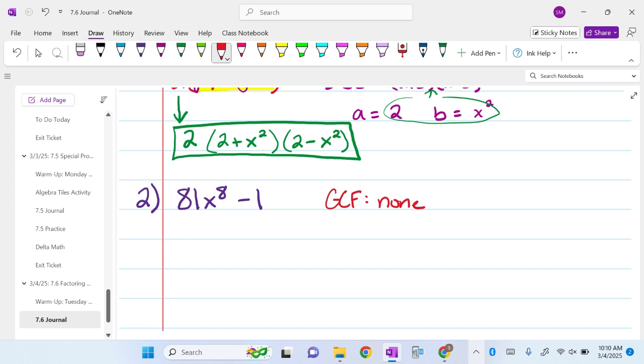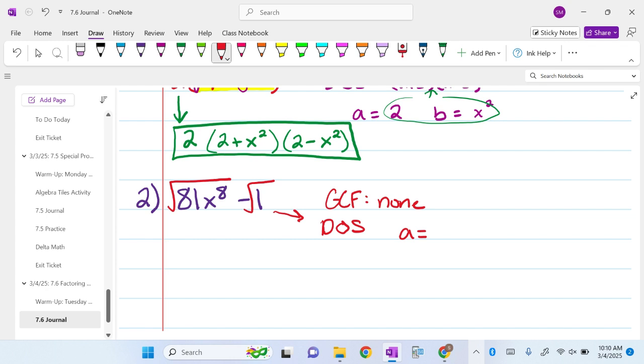What does your flowchart say for 2 terms? Difference of squares. So, again, this is a difference of squares problem, because 81x to the 8th is a perfect square and 1 is a perfect square. So we're going to take the square root of both.